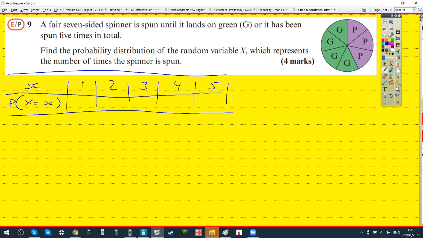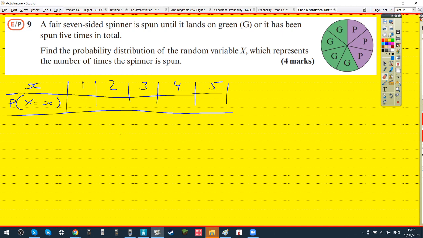And so now, okay, so for 1, it'll just be 3/7. Great. And then for 2, will it be 4/7 times 3/7?